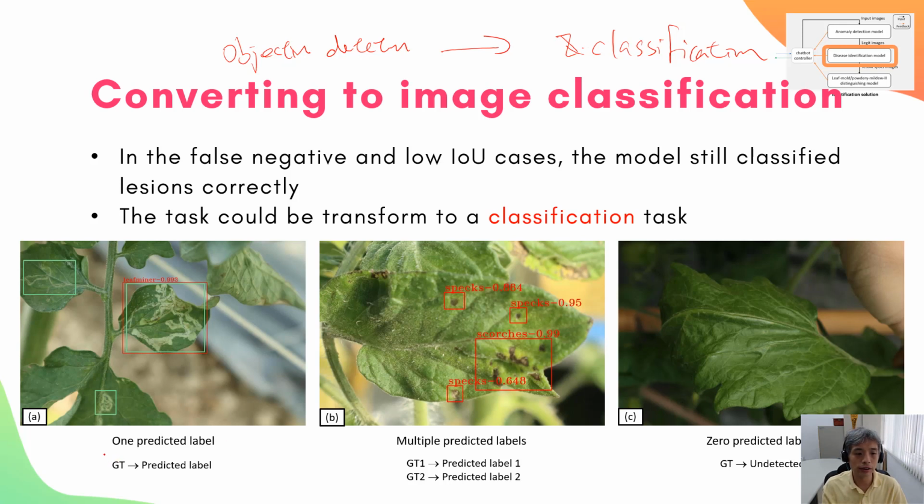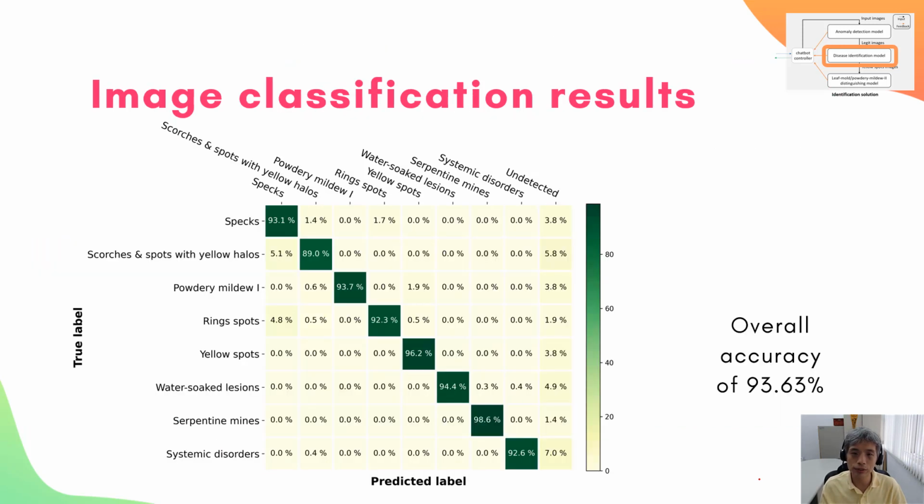We want to make sure whether the image is one-to-one mapping, or multiple-to-multiple mapping, or no detection. After some conversion, we convert the mAP, approximately 76%, to a detection accuracy of 93%. So this is a much better result.